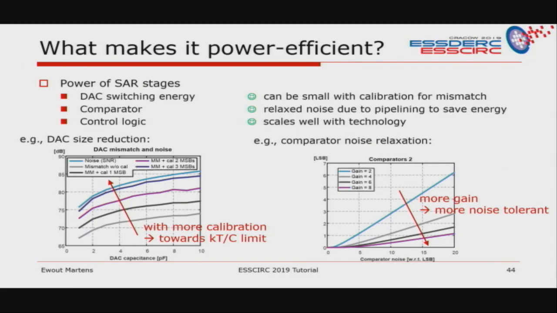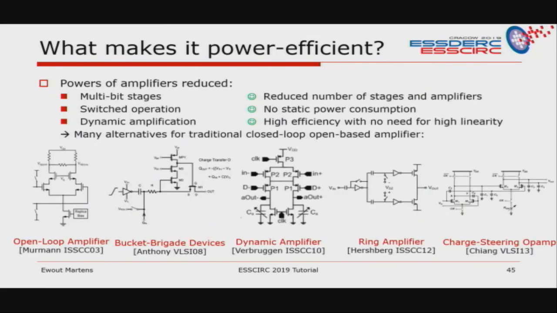Then there is the comparator energy, but since you have amplifiers in front of it, you can also relax these noise specifications. And then there is control logic. Control logic in general scales well with technology, so that also makes it power efficient.